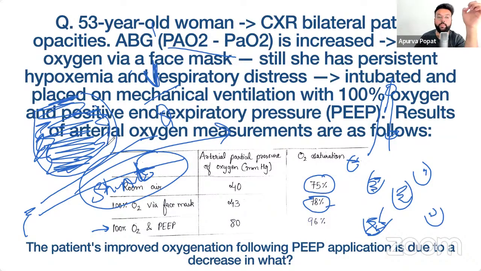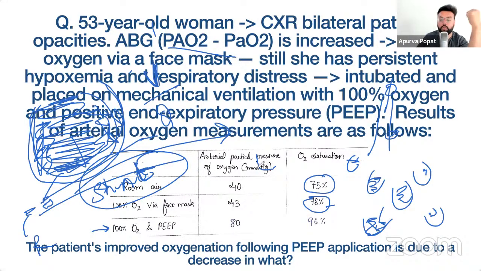The shunt will decrease because when you are opening up the alveoli, now the alveoli will participate in the gas exchange. Once the alveoli participate in the gas exchange, this RBC, whatever is coming from here, will get at least some oxygen. So it's not just directly passing from the right to the left side of the heart, it is getting oxygenated. So when you give PEEP, actually the shunt decreases.